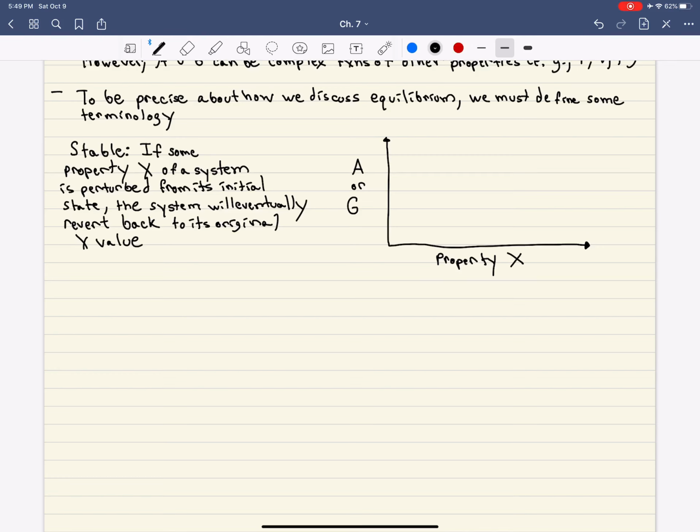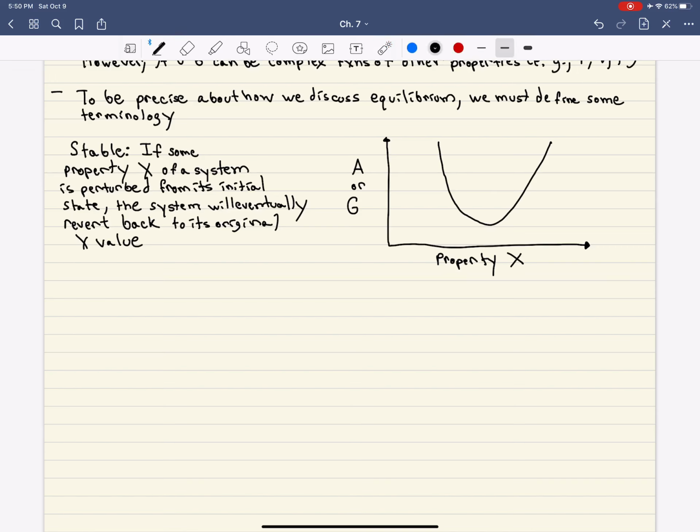Now, when we say a system is at equilibrium or it's stable, imagine that we trace out the Helmholtz or the Gibbs energy of the system as a function of x. And we see, in this case, it forms a parabola. And the minimum of this parabola is right here. Okay?